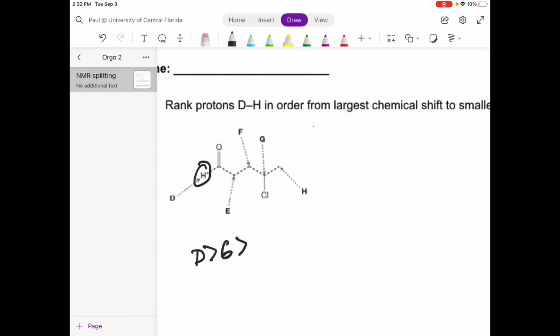Now it gets a little tricky when we're comparing E, F, and H. But the way I like to look at it, comparing this carbonyl to the chlorine, and then looking at the hydrogens that were attached to it. So we have this hydrogen right here that's coming off, and that's proton G. Which entity, the chlorine or the carbonyl, had a greater effect on the chemical shift of the proton?